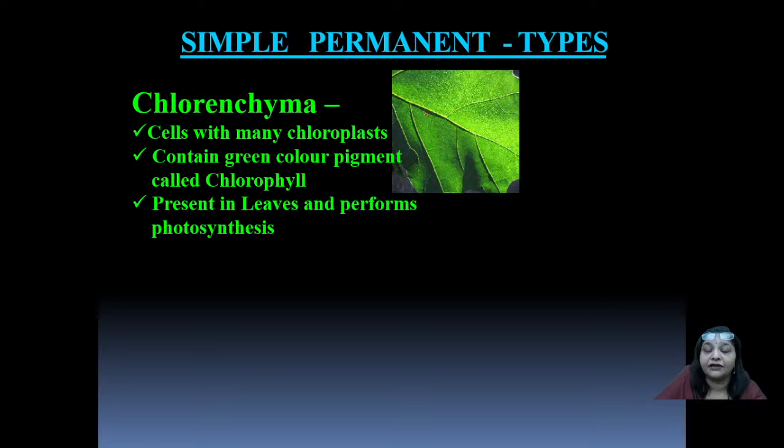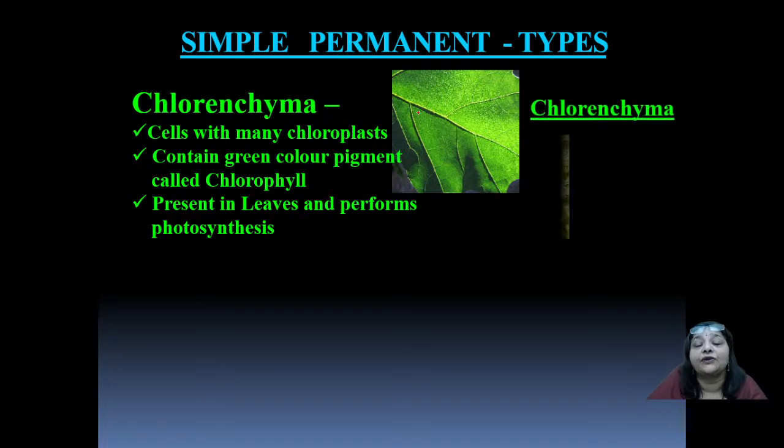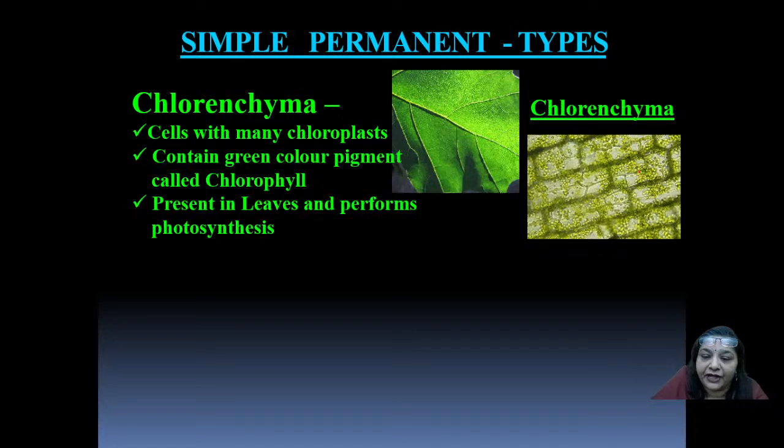Photosynthesis is a process in which the plants prepare their own food using carbon dioxide, water, and sunlight, and this green color pigment called chlorophyll, right?